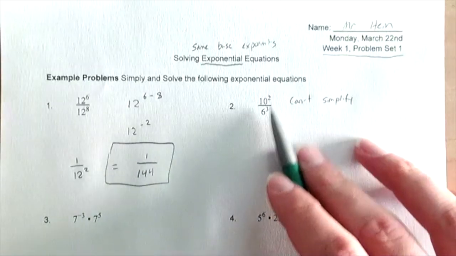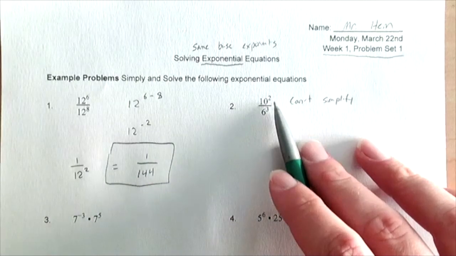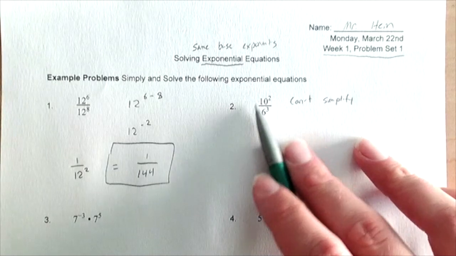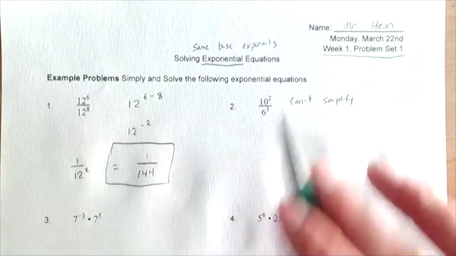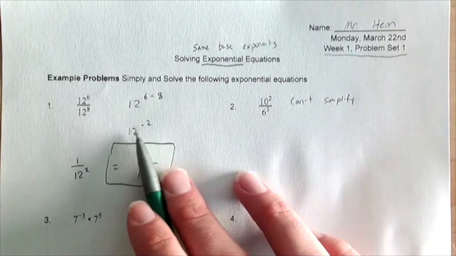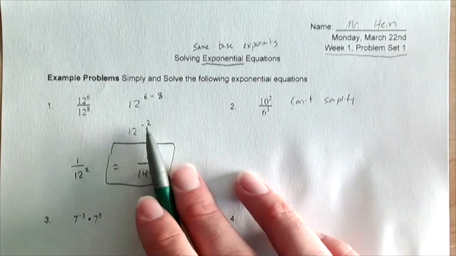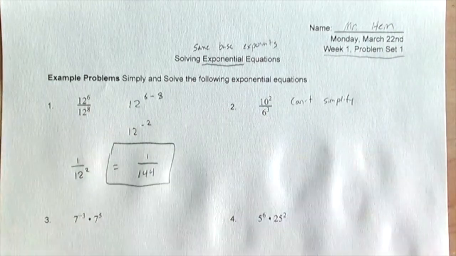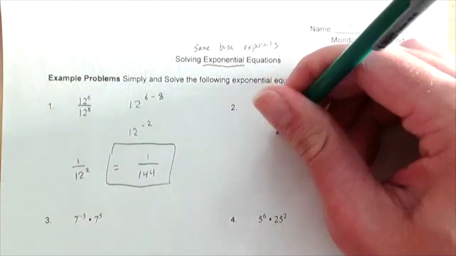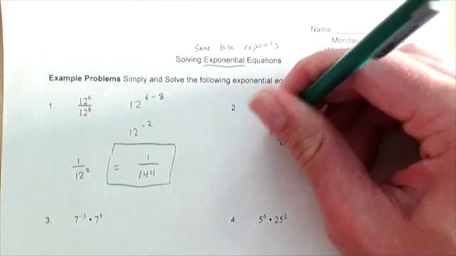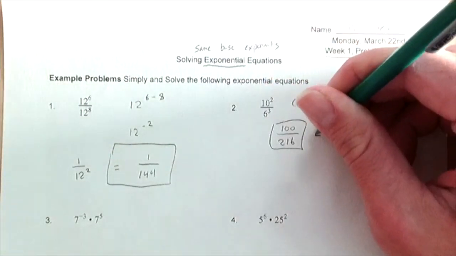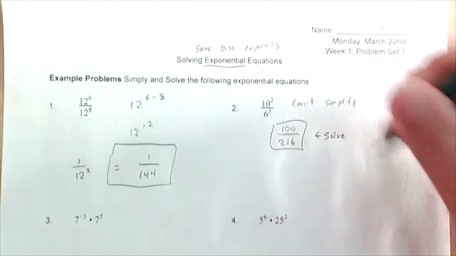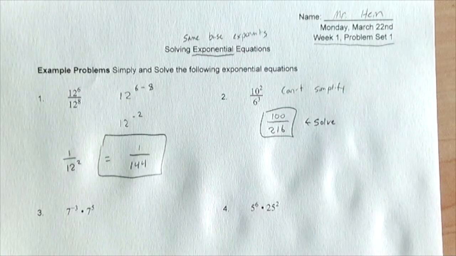We can't take the top and the bottom exponent and subtract them. We can't turn this into a single exponential with a base and an exponent. The issue there is that 10 and 6 are different numbers. So let me write that. You could solve it, right? But we couldn't simplify.